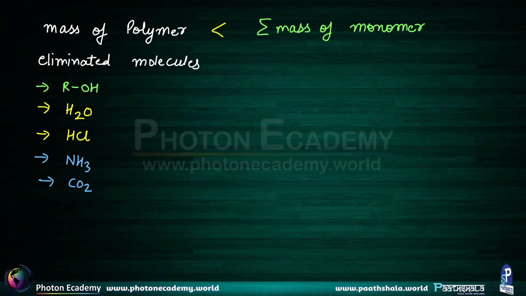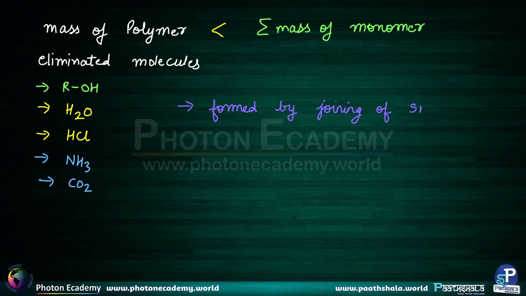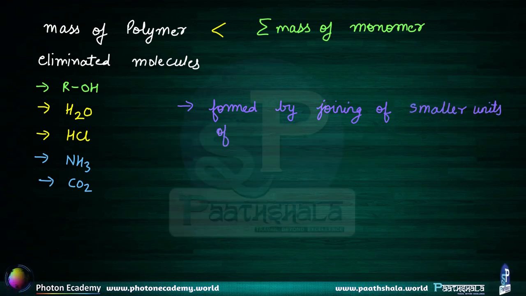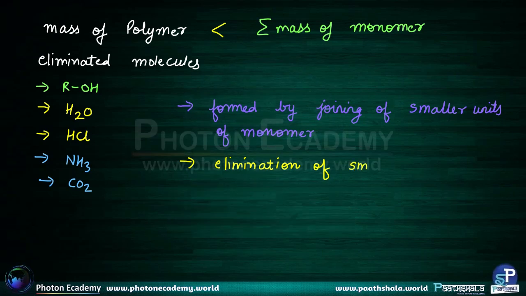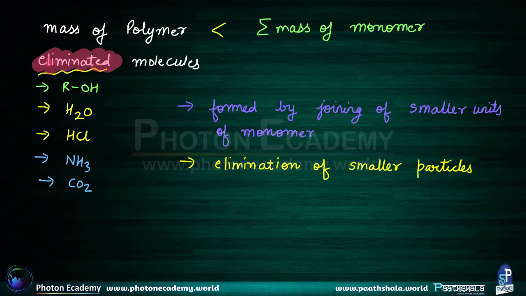So we can say that they are formed by joining of smaller units of monomers, but you have to keep in mind that there is elimination of smaller particles. Now we have to keep this in mind. And smaller particles, we have already highlighted a couple of them. So they can be ROH, H2O, HCl, NH3 and CO2.